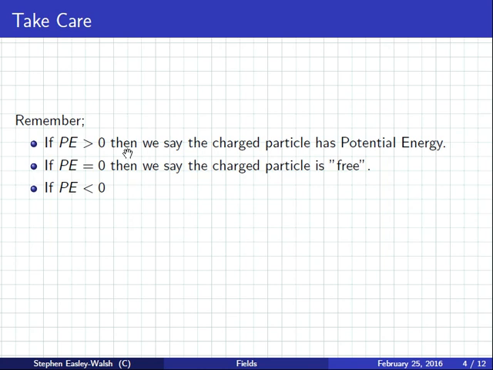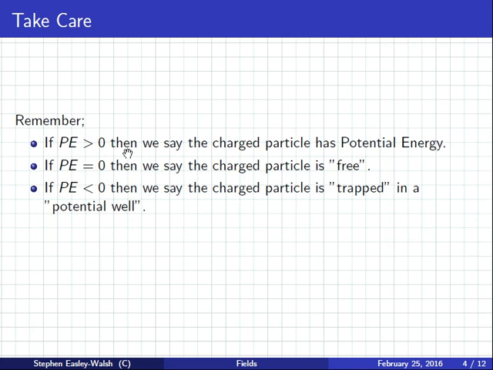Gone? We've forgotten? Have we? No, really, have we forgotten? If the potential energy is negative, we say it's trapped. So the equivalent in mechanics was when the person was under the ground in a hole. Potential energy is negative, they're trapped. You need to give it energy to free it. Yeah?